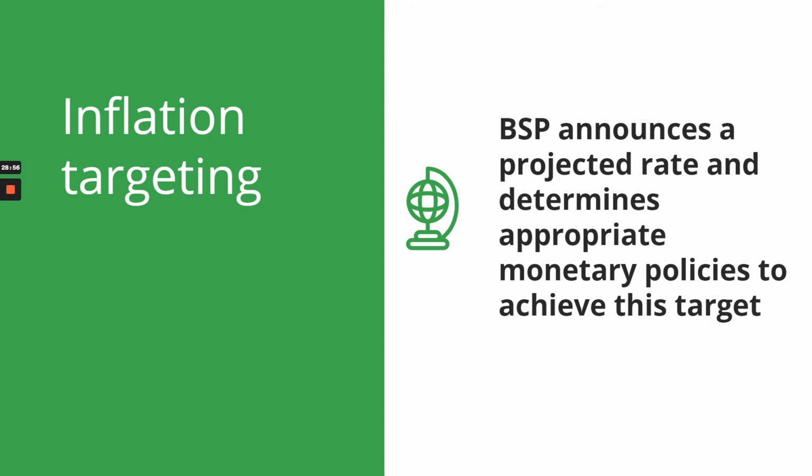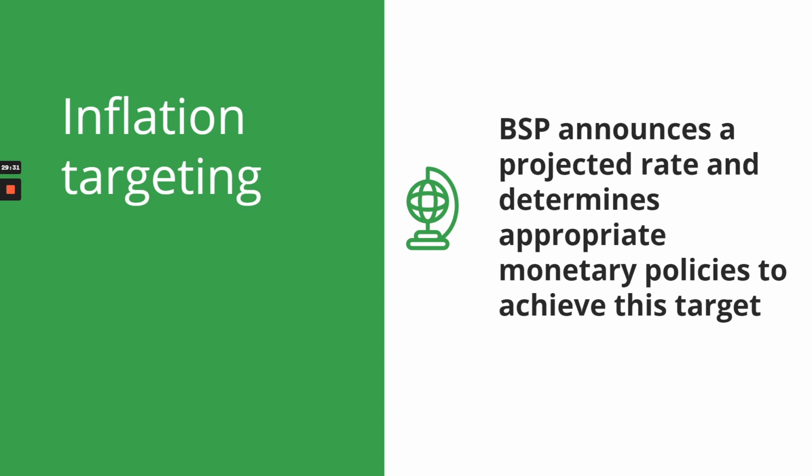So for example, if the targeted inflation rate is above the actual level, say the target is 4% but our inflation rate is 2%, which is very low, then the banks would increase their interest rates so that the money supply decreases, and it is going to lower the inflation, and vice versa.